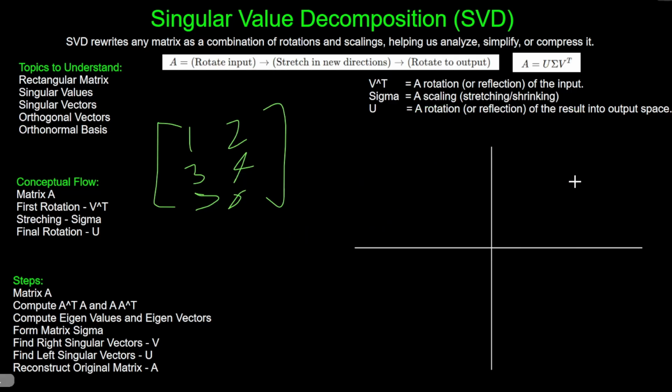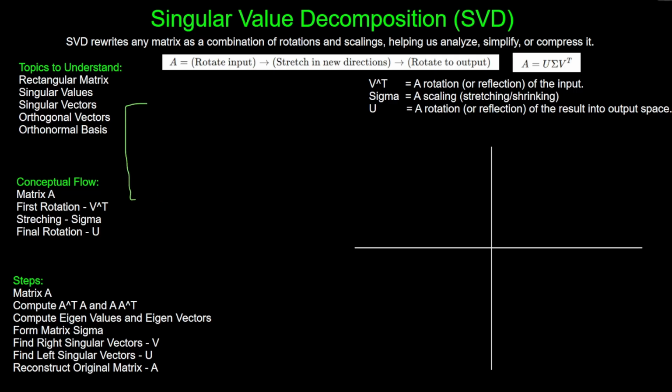Now that we understand the power of a rectangular matrix, let's see the power of a symmetric matrix. You know what a symmetric matrix is: on either side of the diagonal, the values must be the same. Why do we need the symmetric matrix?